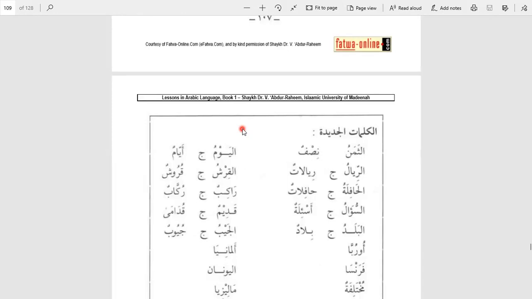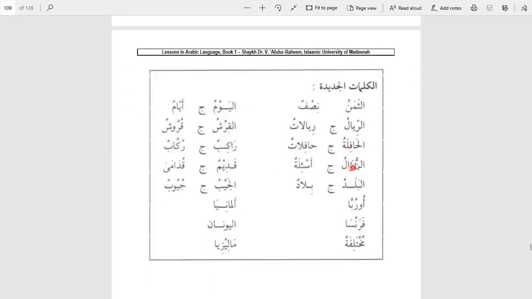Now we are moving to the last segment as we close this lesson. Let's look at the new words that we have met here. Thamanu, its value. Nisf is half. Riyalun, plural riyalatun. Al-hafila, bus; hafilat, buses.